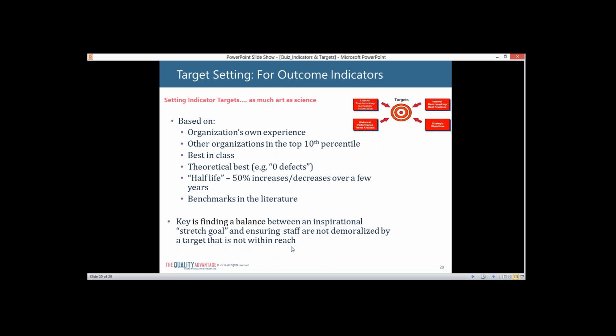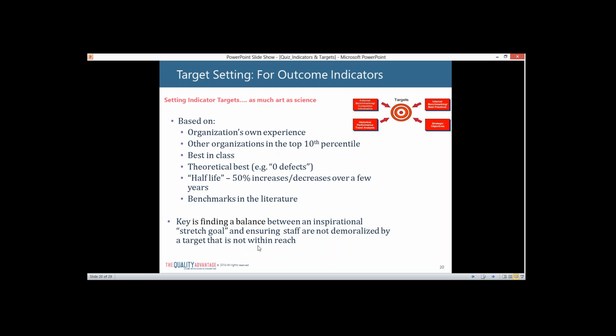The second bullet refers to if you've got benchmarking available. So if it's possible for you to compare your performance against the performance of others in similar agencies, then you can look at, for example, the top 10th percentile or the top 25th percentile and say your target, you're not there yet, and your target is some point within that.